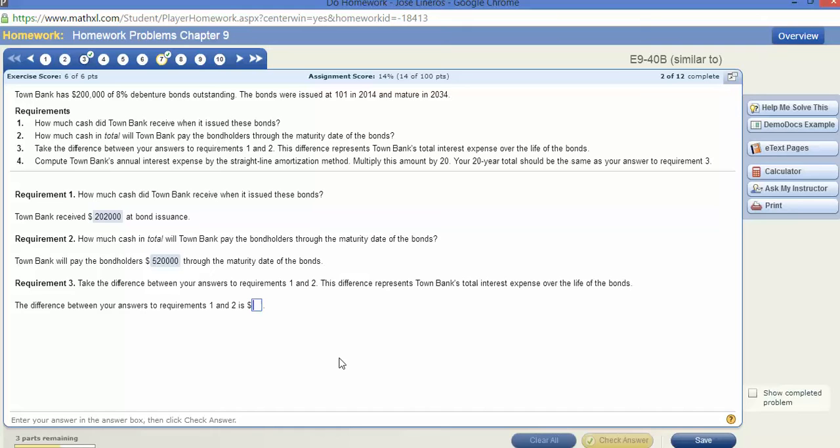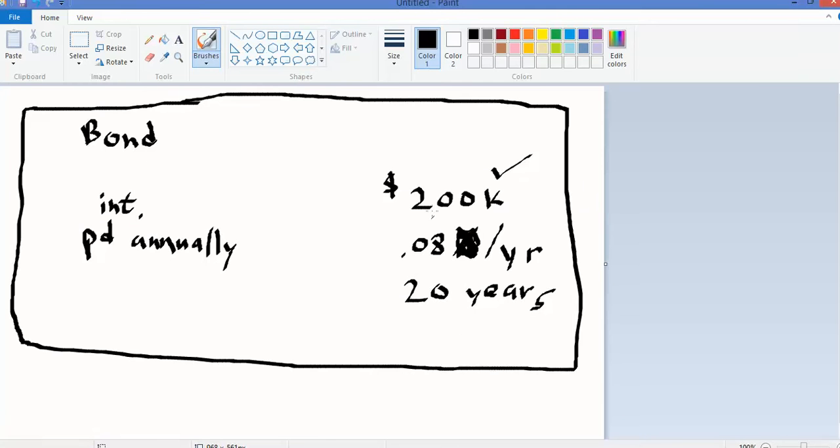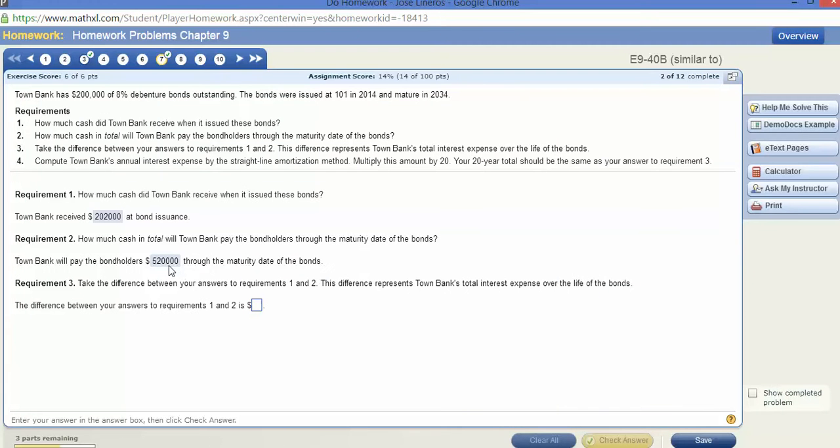Now, this is pretty easy here. It says take the difference between how much you're going to pay in total, everything included, principal, returning back the face value here, plus interest, which equals 520,000. And what you're actually going to get in pocket, remember you got a premium on this, you got 1.01, you got 101, so you got this much, you're going to pay this much.